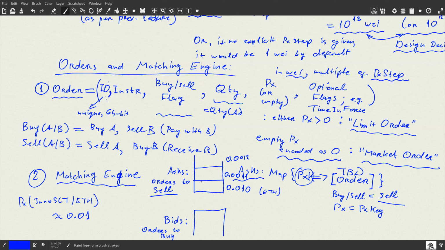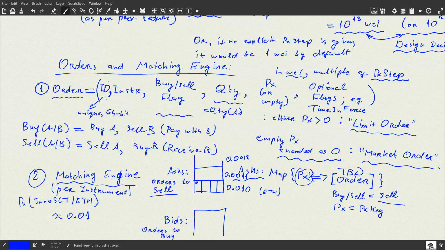And at each price level, there are multiple orders. So there is order 1 with a particular ID. It has an ID. It is for this instrument, so the matching engine is specific for each instrument, obviously. Another instrument, as we already have seen above, would have a different matching engine.